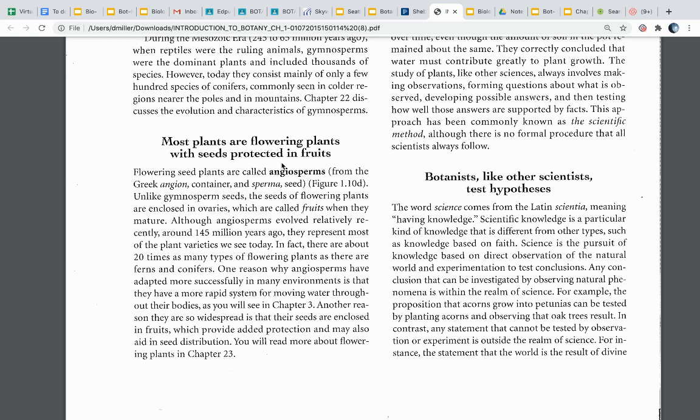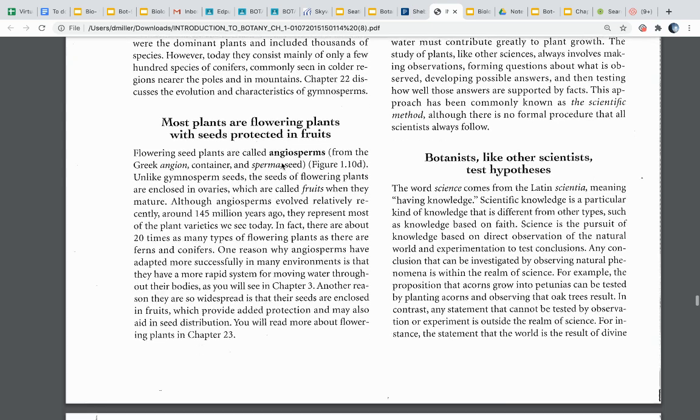In fact, there are about 20 times as many types of flowering plants as there are ferns and conifers. One reason why angiosperms have adapted more successfully in many environments is that they have a more rapid system for moving water throughout their bodies, as you will see in Chapter 3.